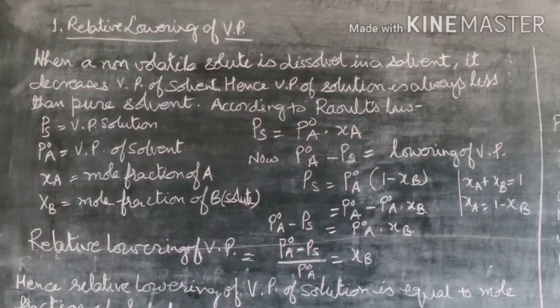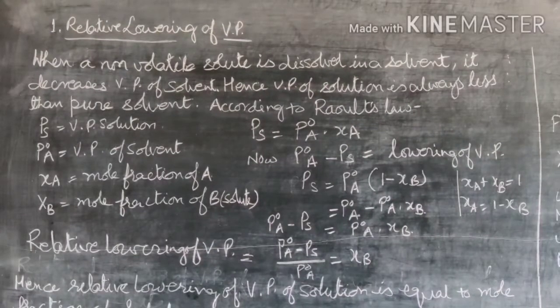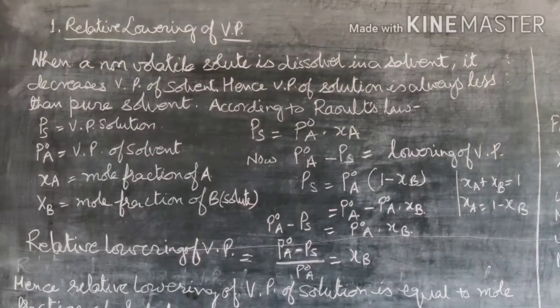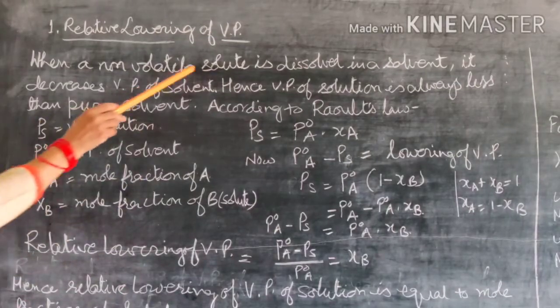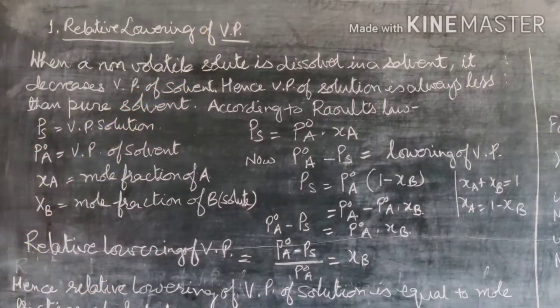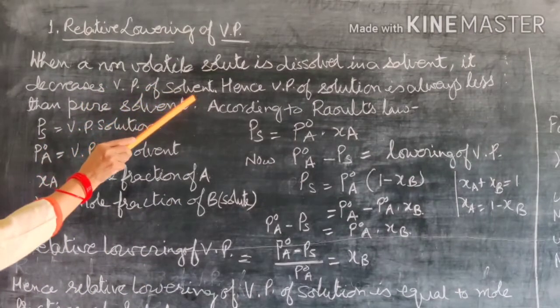Good morning, children. Now we will study the first colligative property, which is called relative lowering of vapor pressure. You already know that when a non-volatile solute is dissolved in a solvent, it decreases the vapor pressure of the solvent.